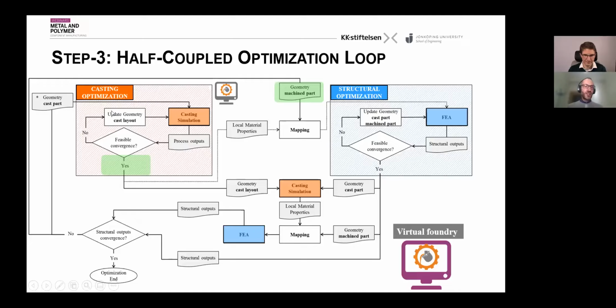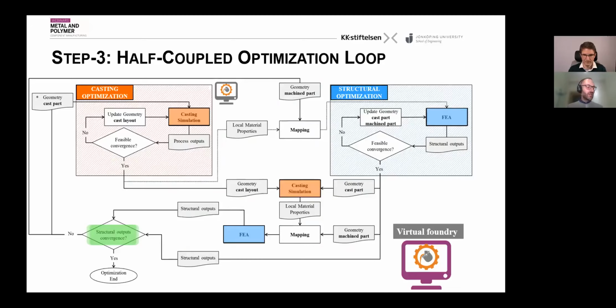So we start with the casting optimization. We will see later which kind of optimization. Then we map, as before, the local properties on the machined part, and then we start the structural optimization. At the end, of course, we perform again, with this modified geometry, both casting simulation and stress analysis. We map the result.